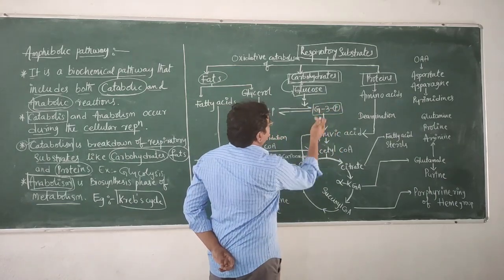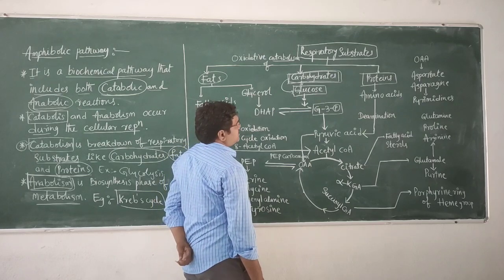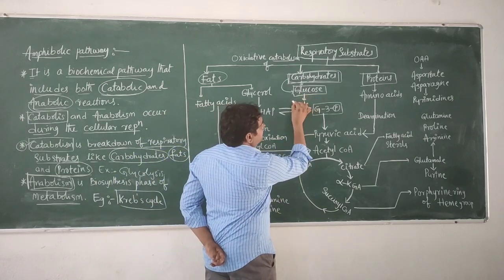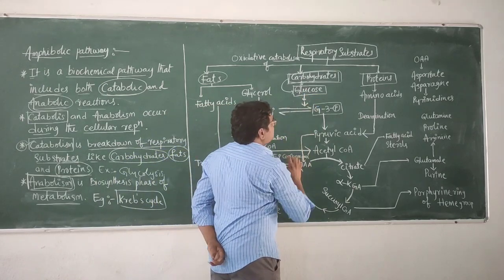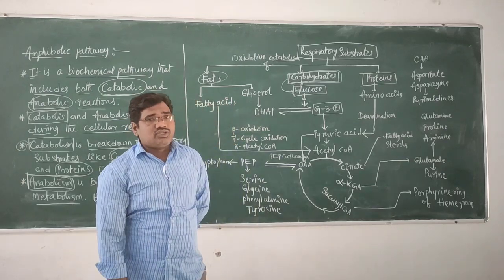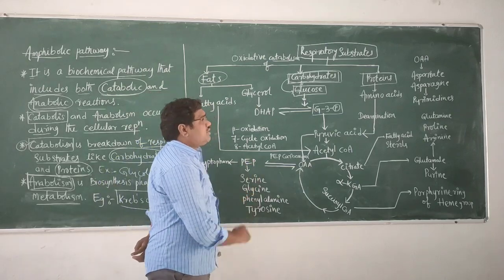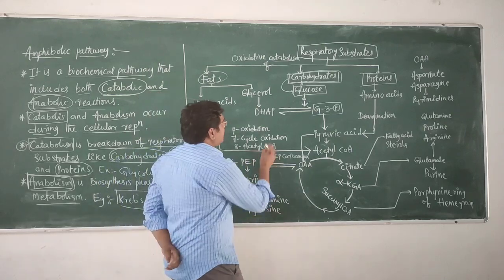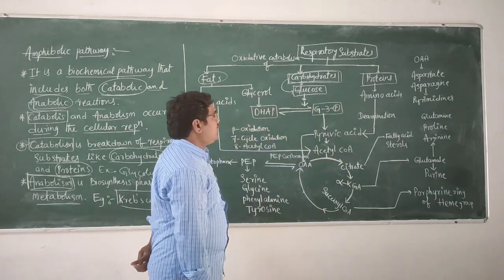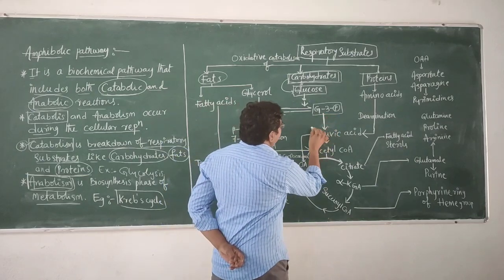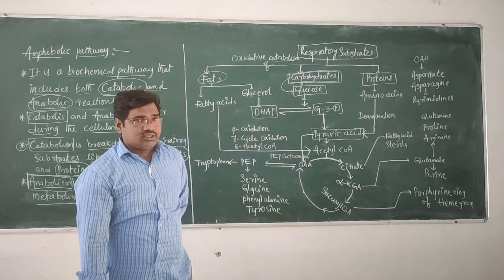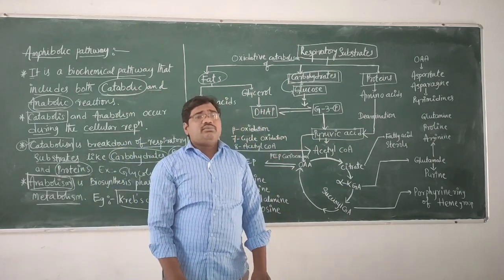In glycolysis, glucose is converted into glucose 6-phosphate, then fructose 6-phosphate, then fructose 1,6-bisphosphate. Fructose 1,6-bisphosphate breaks down into dihydroxyacetone phosphate and glyceraldehyde 3-phosphate, which is converted into pyruvic acid, the end product of glycolysis.